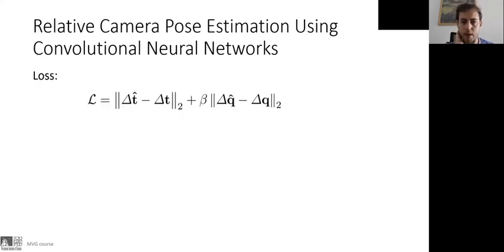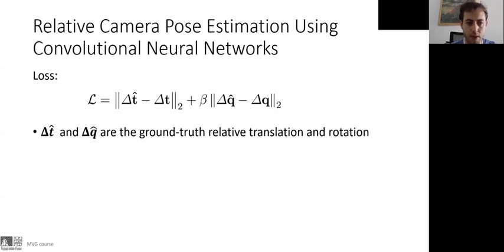Okay, so they use a supervised approach to train the neural network. They have a ground truth, T hat, and a quaternion hat. And they just regress the output to be similar to the relative ground truth translation and the ground truth relative rotation.